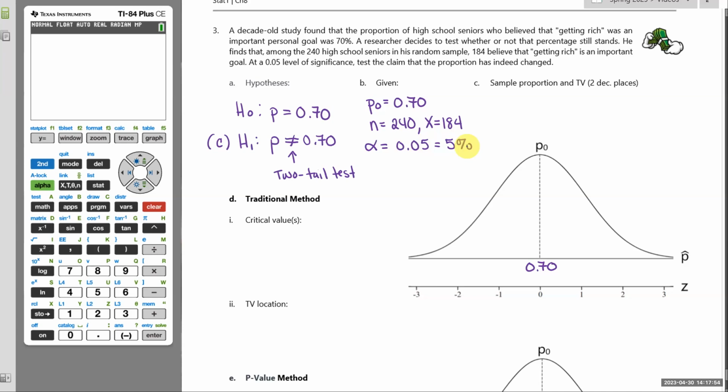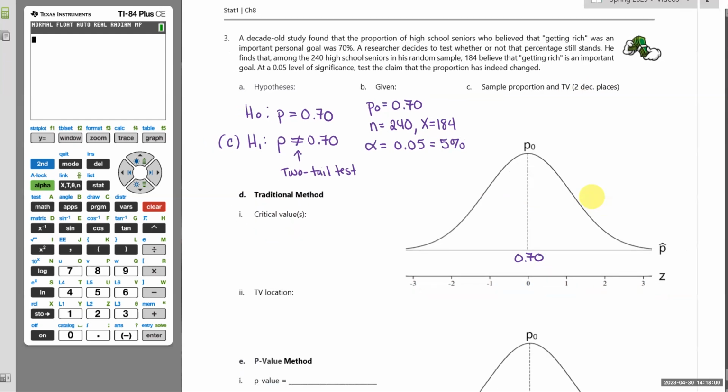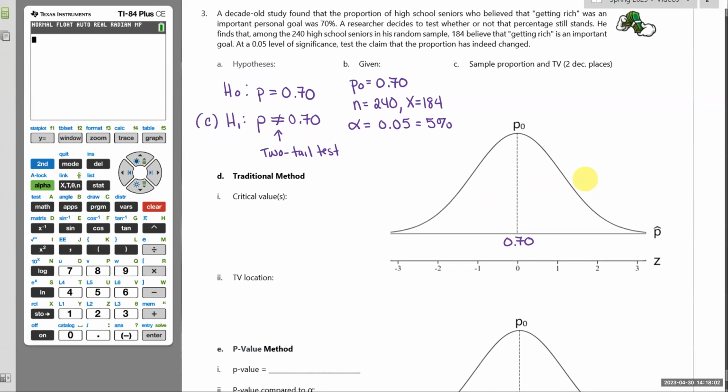All right, so before I do the sample proportion and test value, let's go through the traditional method just to make sure we're good here with a two-tail test. For a two-tail test, we have our alpha of 0.05, but half of alpha will be on each side, in each tail of our distribution.